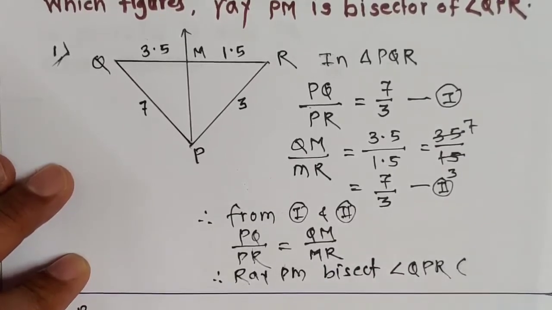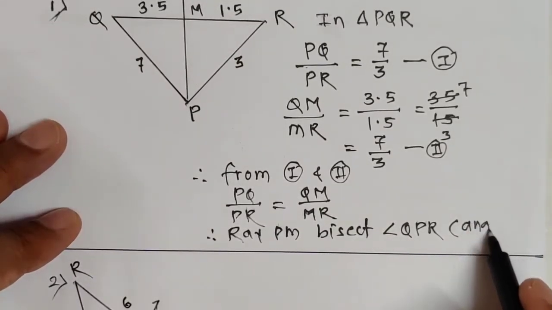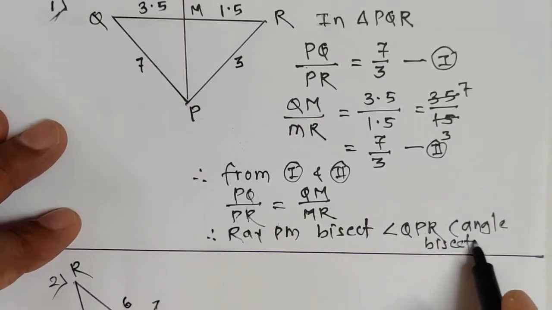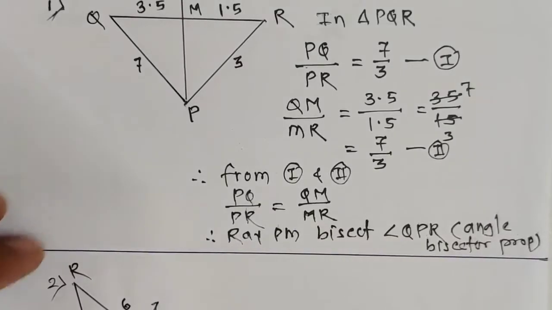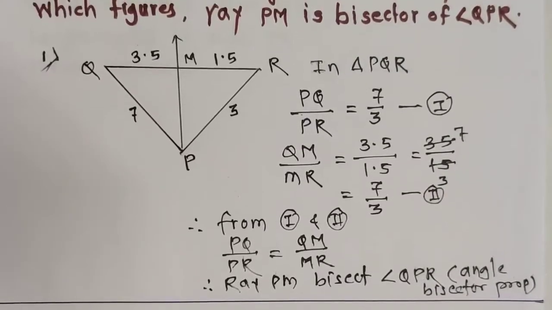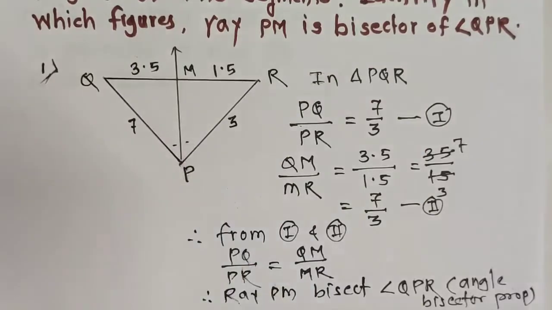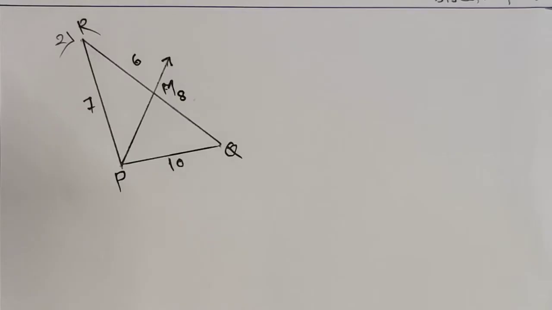And the reason? Angle bisector property of triangle. So in this way, using angle bisector property of triangle, we can decide whether this PM bisects angle QPR. So in first figure it bisects because both the ratios are equal.